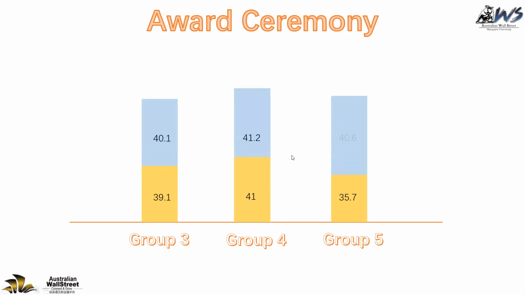Wow. Okay. It looks like group 4 is leading, and group 3 comes so close. Although group 5 is somewhat weak in the code, it's doing really well in the report.